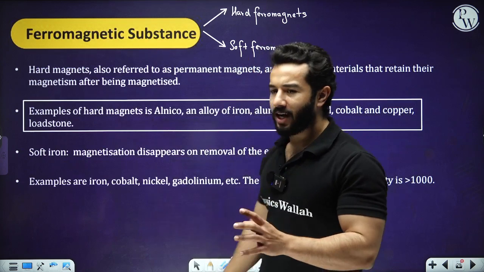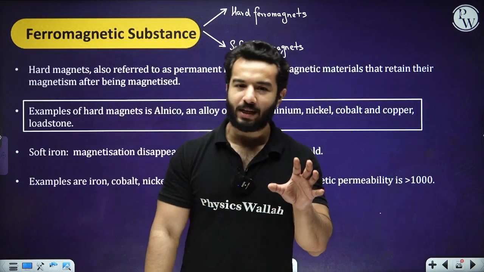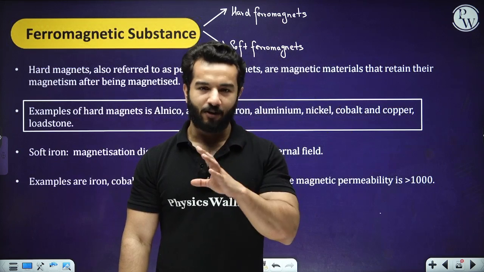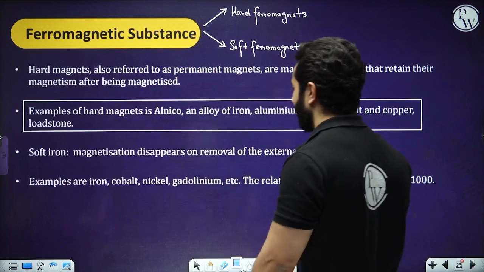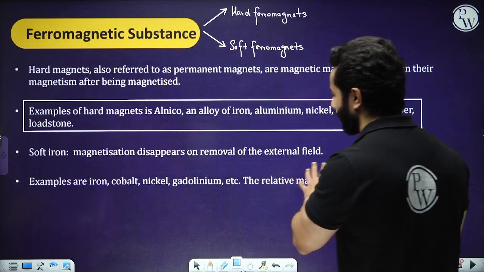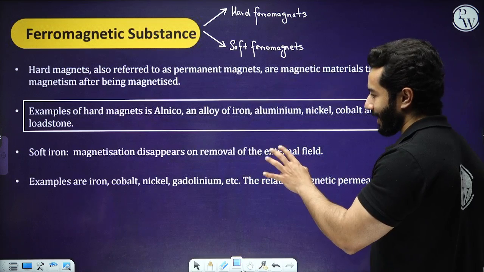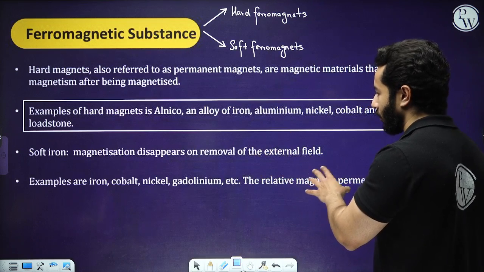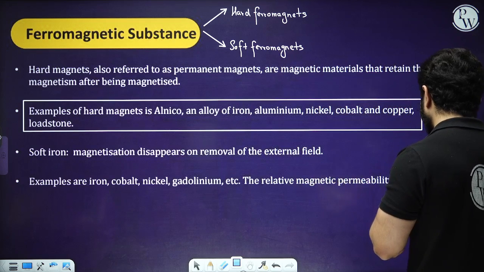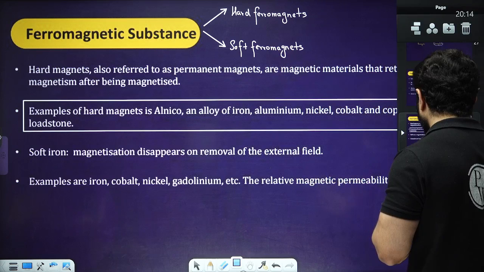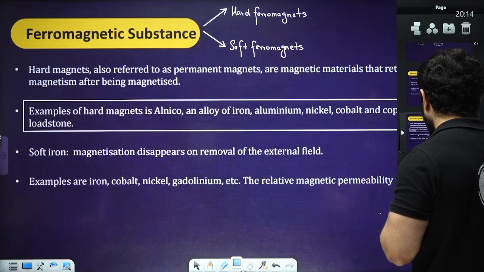Whereas in soft iron, we are not saying that it will completely become demagnetized when we remove it, but the retention is going to be really small, right? So in soft iron, magnetization disappears on removal of the external magnetic field. Examples are iron, cobalt, nickel, gadolinium, etc. The relative permeability is greater than 1000. Now let's talk about some of the other important points.